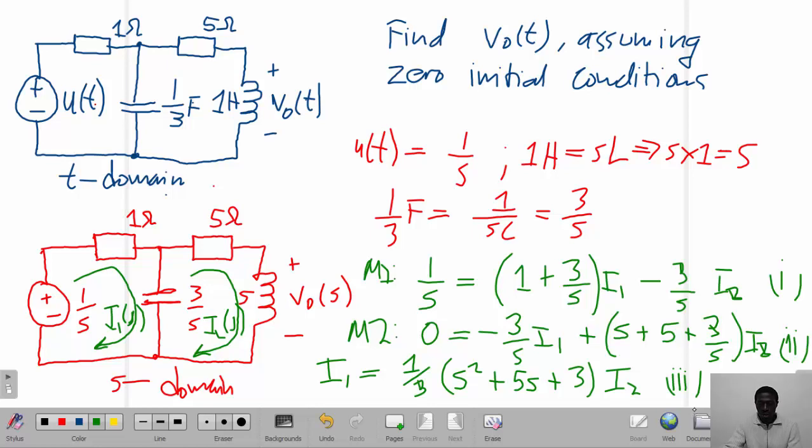Then we take equation 3 now and replace it into equation 1. So in place of I1, we take this expression and put it in that equation, and we solve further. So what we get when we replace this, we take this equation and insert it into the first equation.